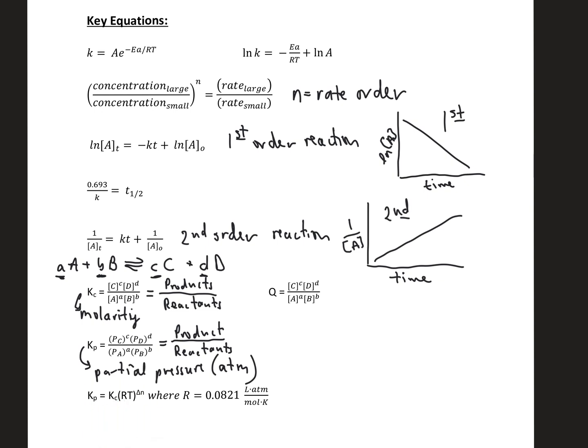The last thing we looked at was our reaction quotient Q. Reaction quotient Q is calculated the same way we calculate our equilibrium constant. It's always going to be the concentration of products over reactants.